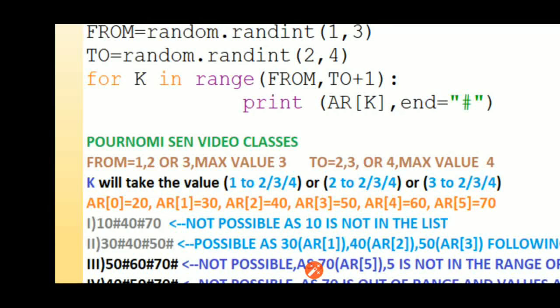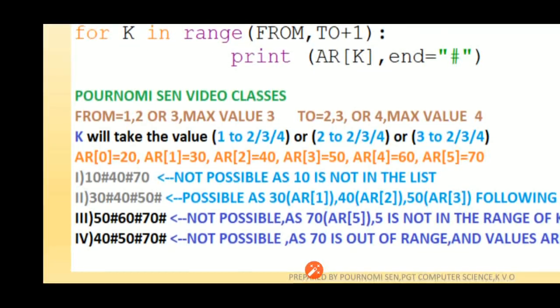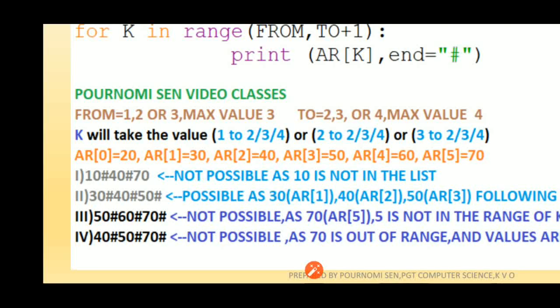And the second option is 30, 40 and 50. It is a possible option as 30 means AR[1], so 1 is in the range of K, 40 is AR[2], 50 is AR[3]. So it could be possible if the value of From is 1 and the value of To is 3.